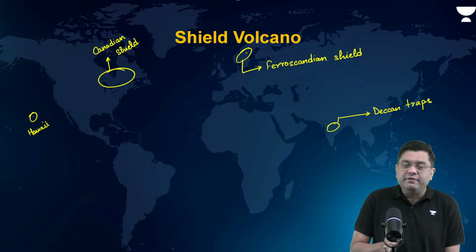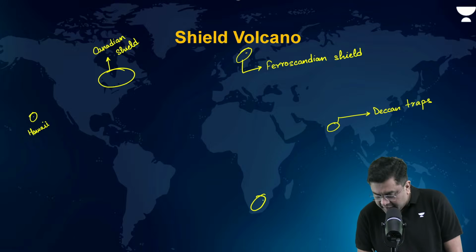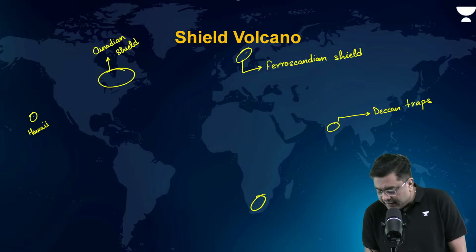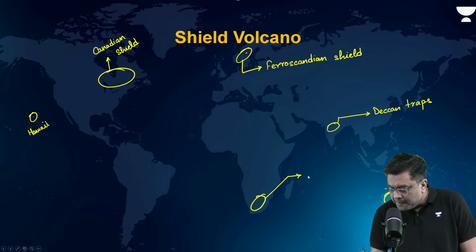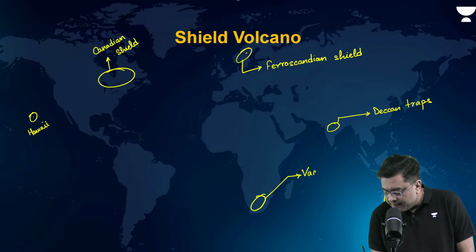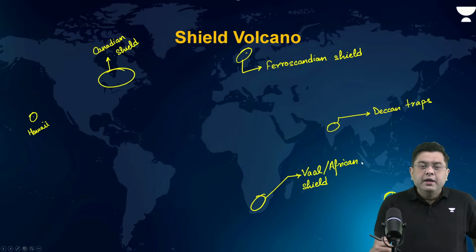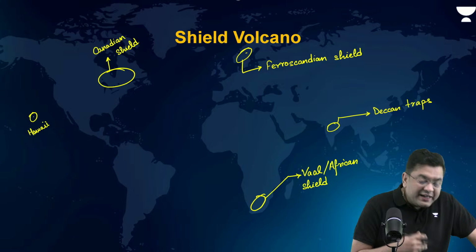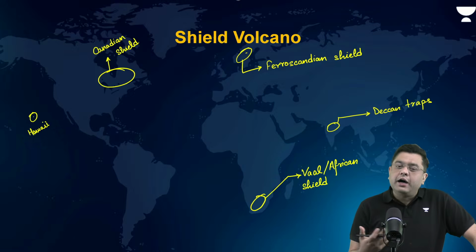Then you also have the region around here in this area and in this area. This is the region of the West African Shield, also known as African Shield. So, like that, you have multiple shield volcanoes across various different regions.